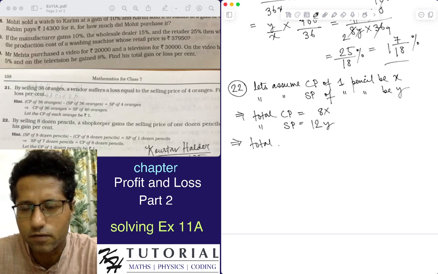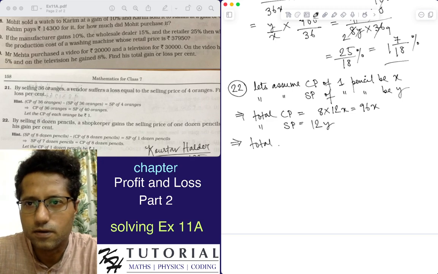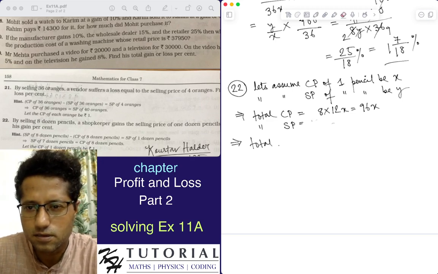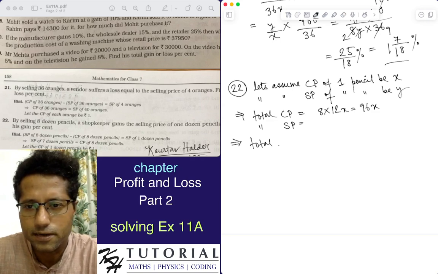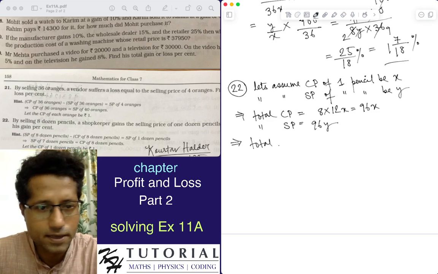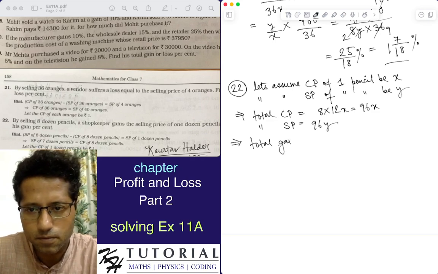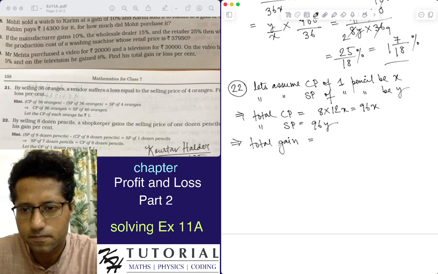Okay, let's do it the straightforward way. So 8 into 12x, this is 96x, and this one, the selling price, since the selling price is 96y. So the total gain, since the shopkeeper made some gain, should be SP minus CP.